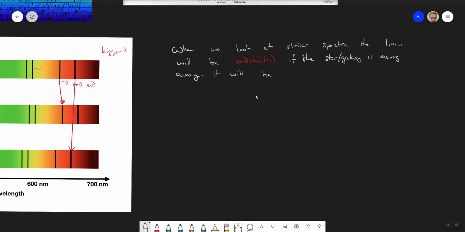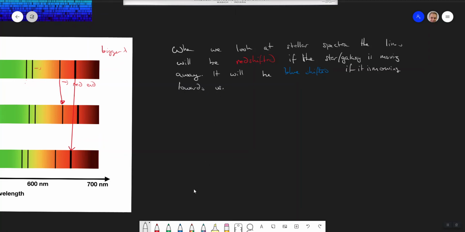It will be blue shifted if it is moving towards us.